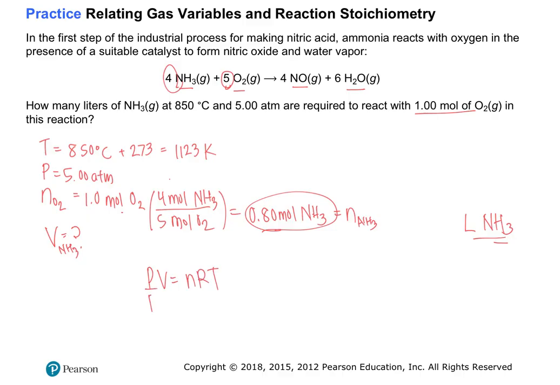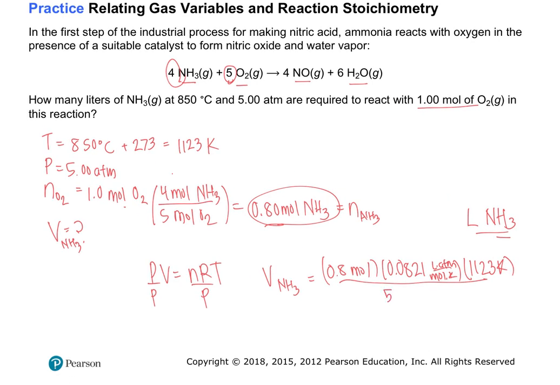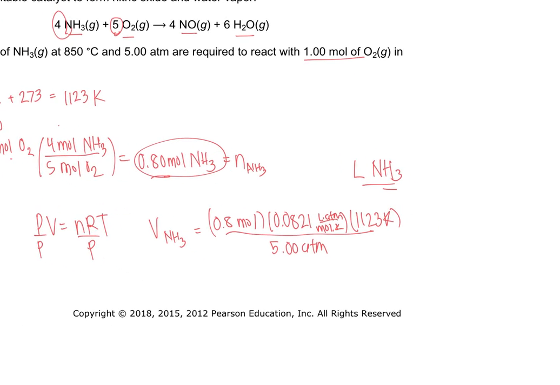Solve for V, so we're going to divide over by P. So the volume of ammonia is going to be the moles of ammonia, 0.8 moles, times the ideal gas law constant, times the temperature, 1123 Kelvin, divided by the pressure of the container, so it is 5 atmospheres. Okay, so we just plug it in, and we get 14.8 liters.